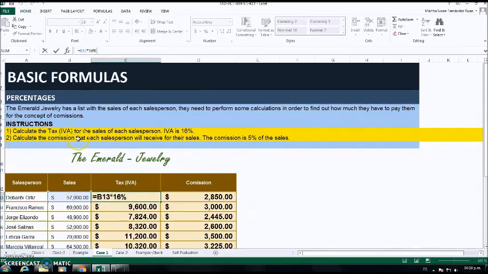Now we also should calculate the 5% of the sales to get the commission or the salary for the salespeople. In this case, we need just to multiply the sales times the 5%. So these two, the tax and the commission, are just a portion, a slice, a percentage of a value.